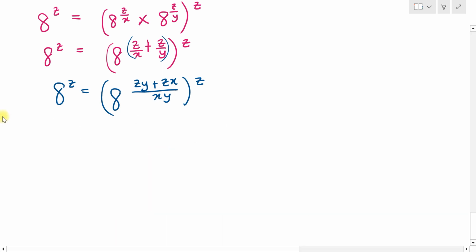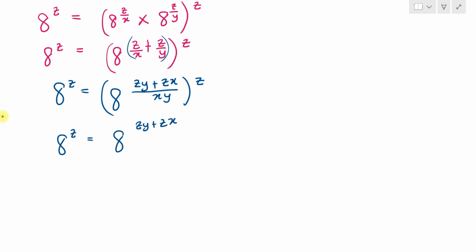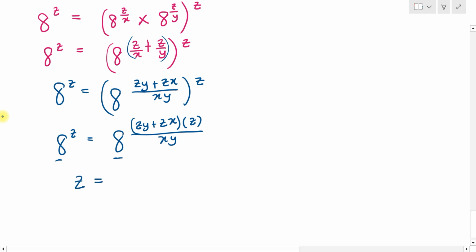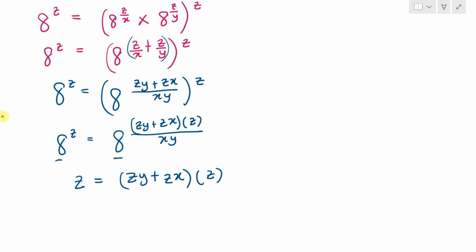Okay, let me write it a little bit clearer. I multiply by z over xy. You can see 8 equal to 8. So the z should be equal to zy plus zx multiplying z over xy.